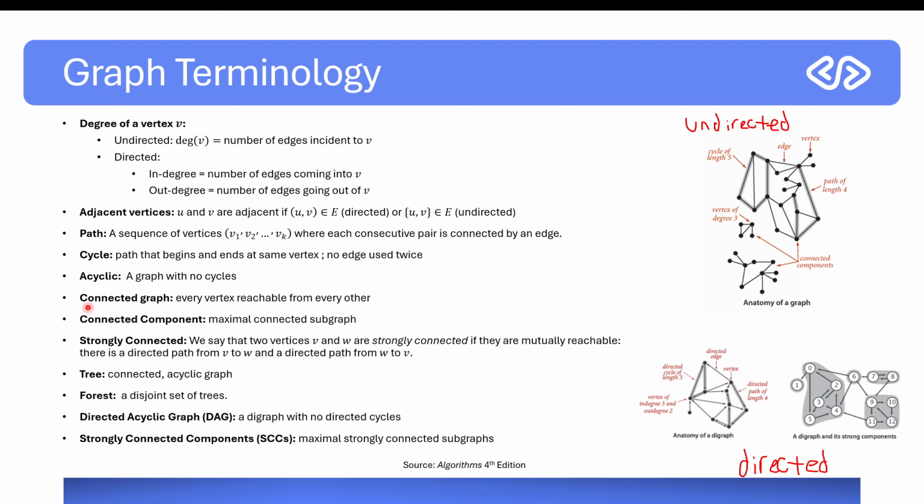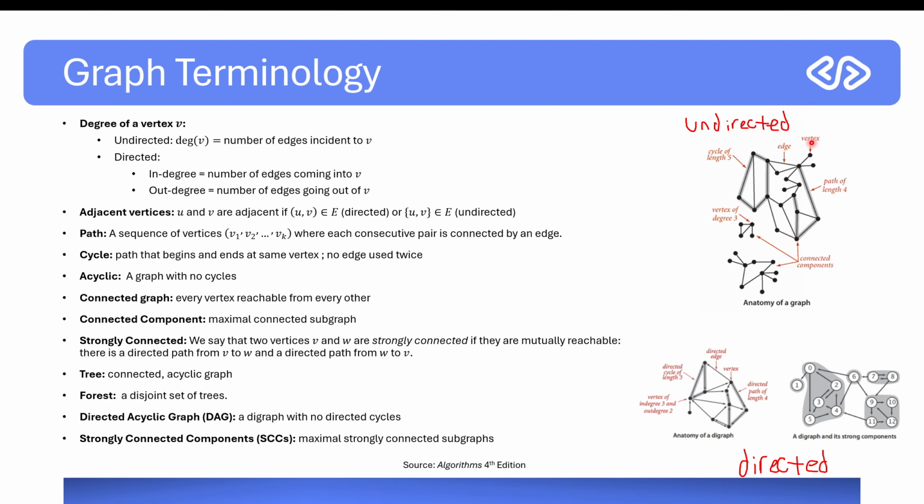A connected graph would be a graph where you can get from anywhere, starting from anywhere. So if I pick any arbitrary vertex, I can get to any other arbitrary vertex from the starting vertex. Then connected components. As you can see here, with this big one, you can get to any vertex starting from any vertex.